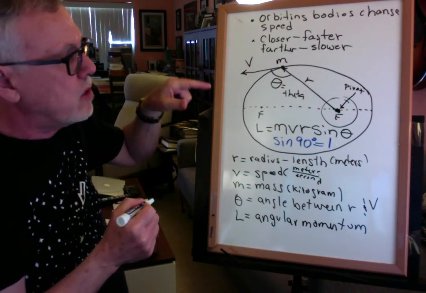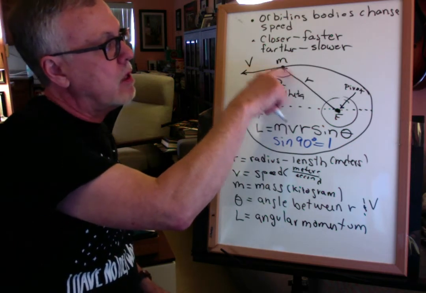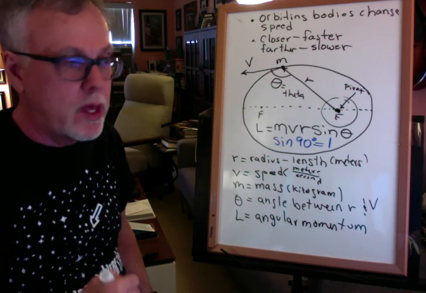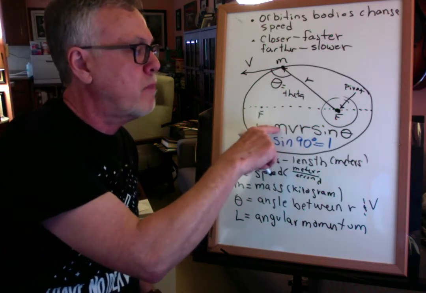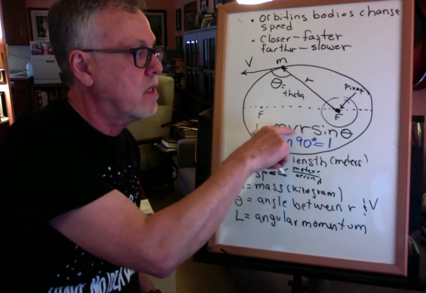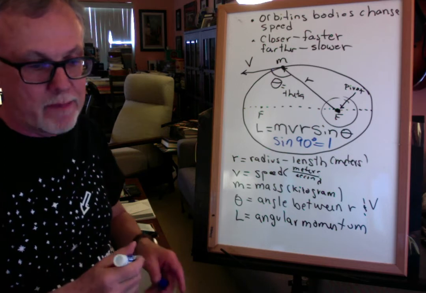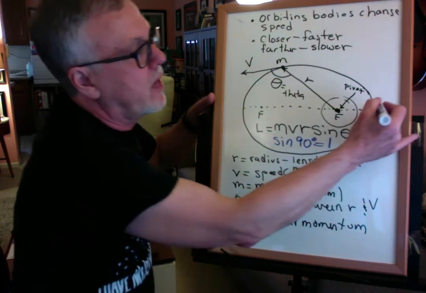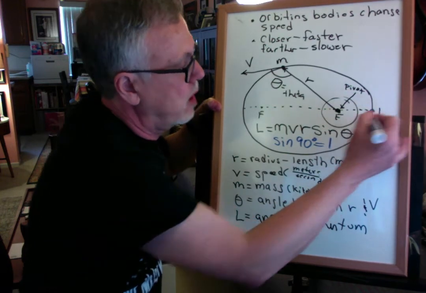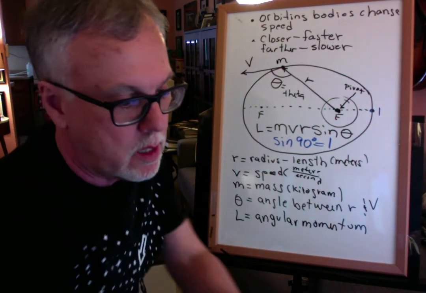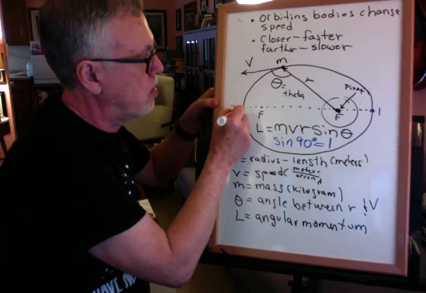So if I can find two places where the angle between R and V is 90 degrees, and I can do that, then sine theta just becomes 1, and so it simplifies to mass times speed times the distance R. So where is that? The places for that is on the ends of the major axis here. I'll call that point 1. And the ends of the major axis over here, I'll call that point 2.